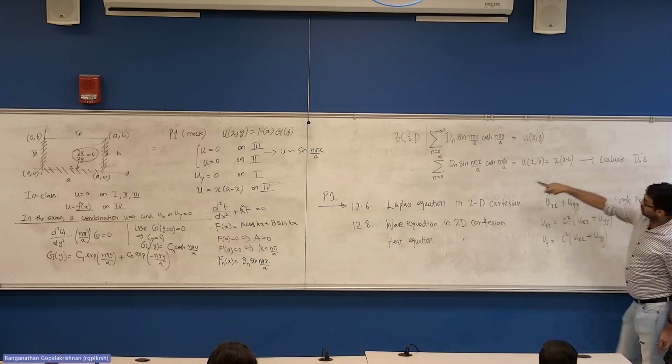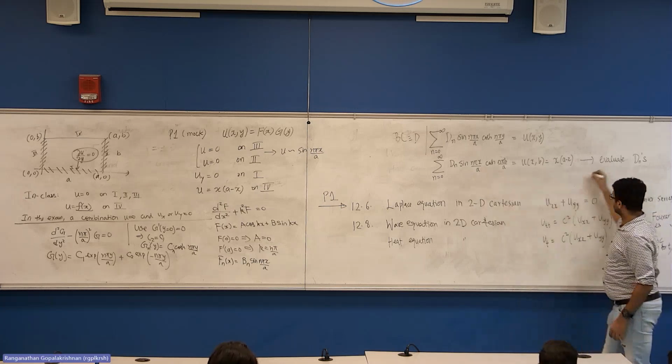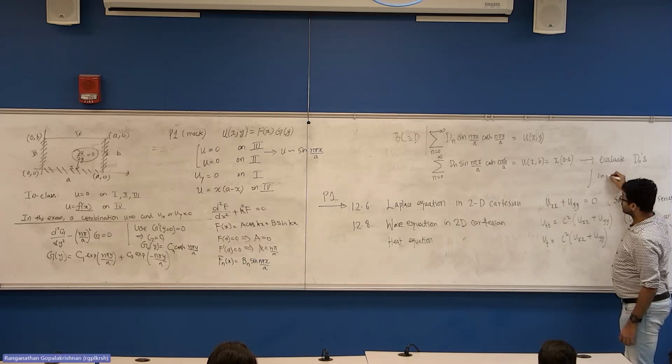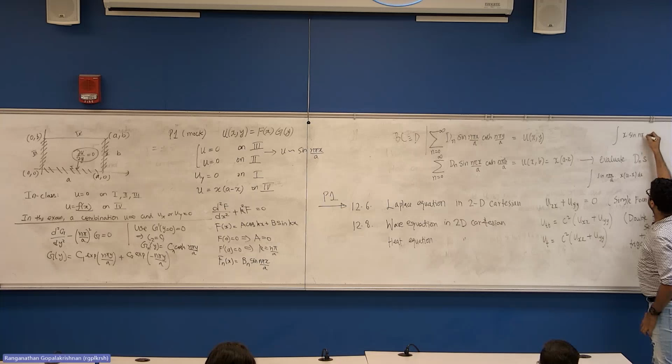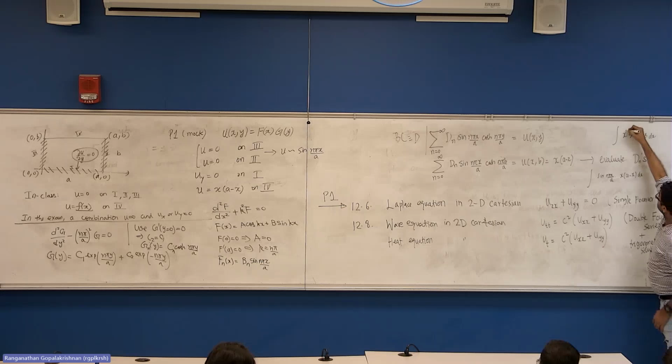So to do this integration, you would need to know what is integral of sine n pi x over a multiplied by x times a minus x dx, which is like asking you to know what is integral of x sine n pi x over a dx. So if I'm going to provide information, I'll be giving this formula, x power k sine omega x dx.